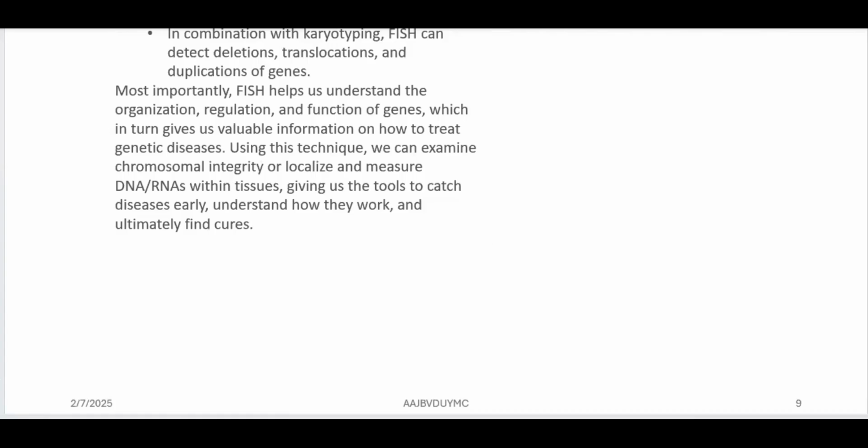You can localize and measure the DNA or RNA content within the tissue. So gene expression again, that will be tapped in terms of mRNA. So you can talk about the content of particular RNA in the given tissue, right? So you can get to know about the progression of the disease. You can identify the disease in its early stage.